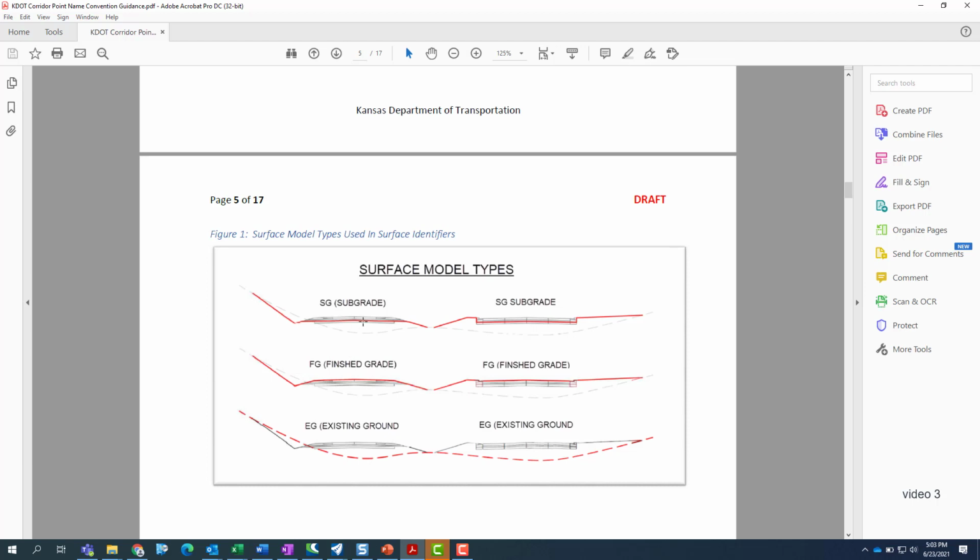We have the subgrade surface model, which follows finished earthwork within the roadway subgrade, and it also follows top of topsoil outside the roadway subgrade. So yes, you heard that right. The finished grade and the subgrade surface models would be coincident with each other outside the roadway subgrade. And the third surface model type is the existing ground surface model.